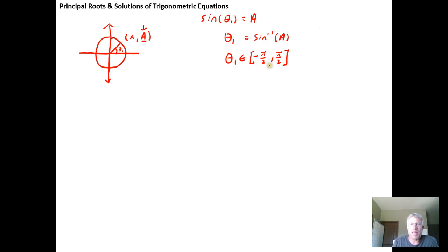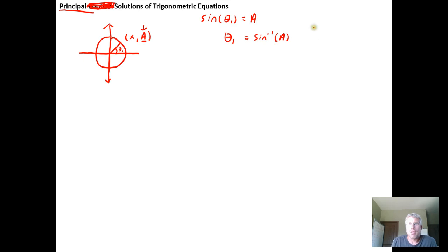So the way that we do this to get all solutions is we start off by saying, I'm going to find the angle between negative pi over 2 and pi over 2 that gives me a side ratio of A. And we're going to call that angle between negative pi over 2 and pi over 2 the principal solution. I'm going to say, you're the principal solution to my trigonometric equation.